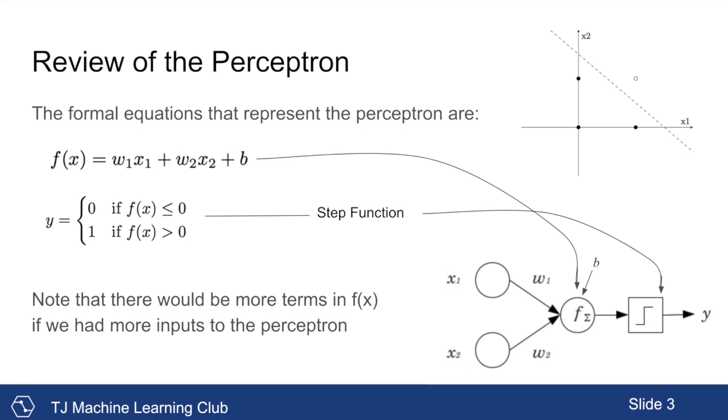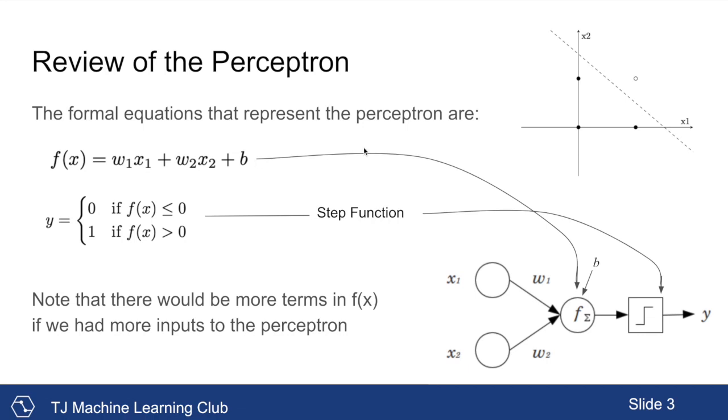So let's review the perceptron first. If you recall back to last lecture, which was a while ago, remember that the perceptron is basically a weighted sum of all the inputs that we get into our perceptron plus a bias term.